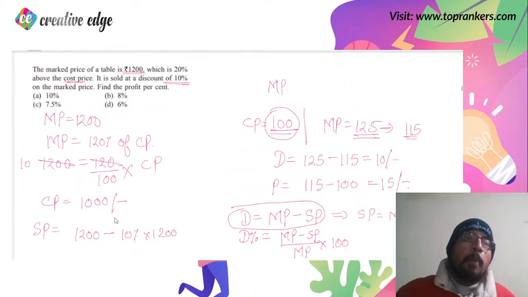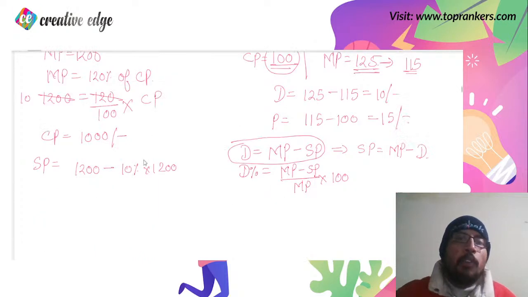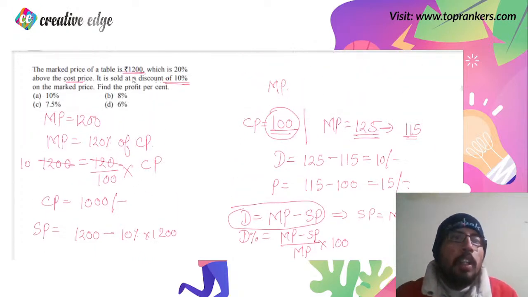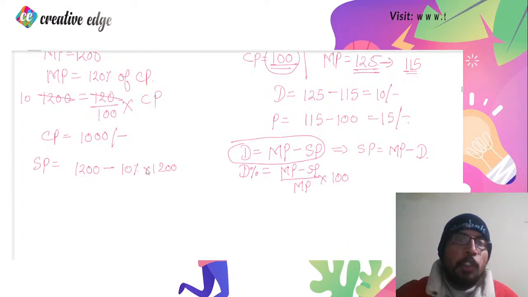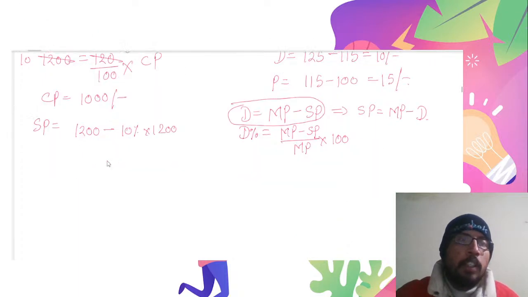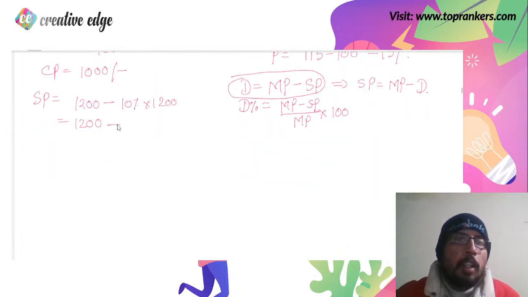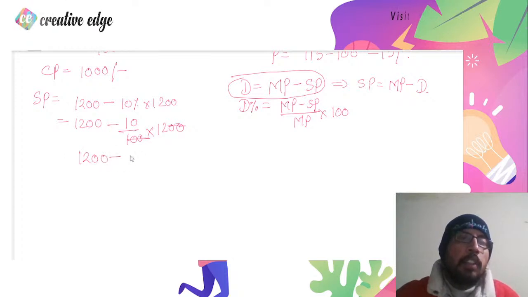So MRP is 1200. I am subtracting discount from it. Discount is 10% of mark price. So 10% of 1200 is 10 upon 100 into 1200. So I will be getting 1200 minus 120. That means selling price is 1080.